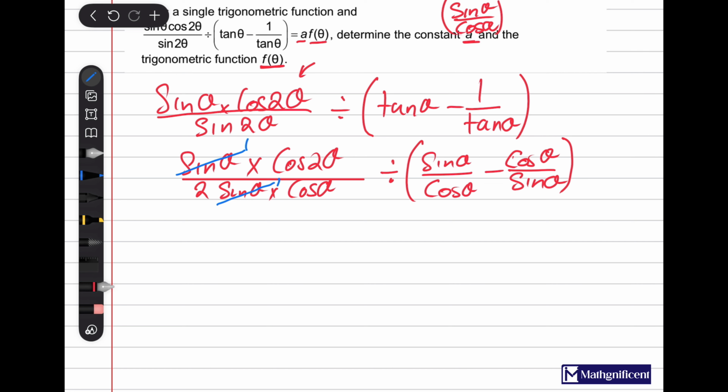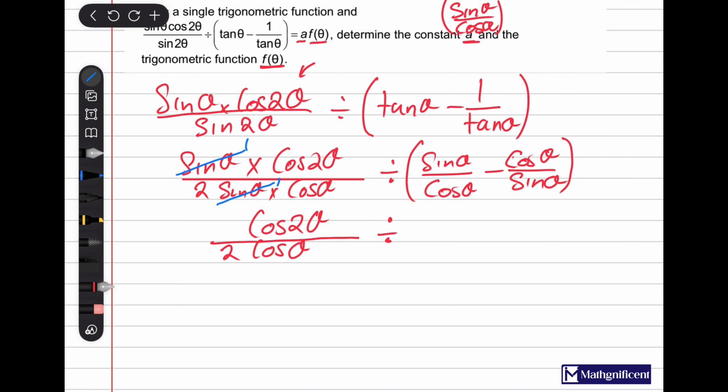Then 1 times cos 2 theta, we are going to get cos 2 theta all over 2 times cos theta, because 2 times 1 is 2, 2 times cos theta is 2 cos theta. We're still having a divide, and remember cos 2 theta and cos theta won't divide because the angles are not the same, so we cannot divide the two.